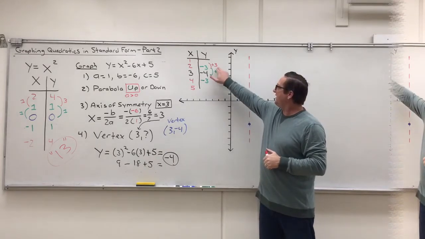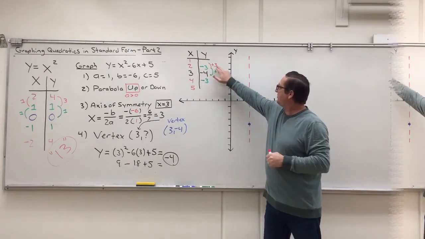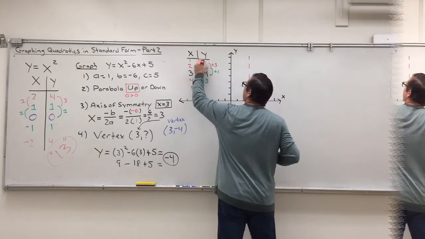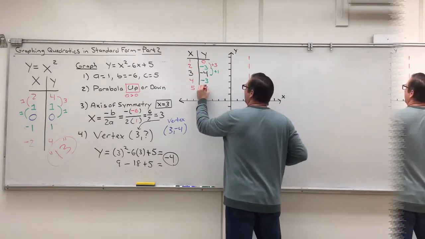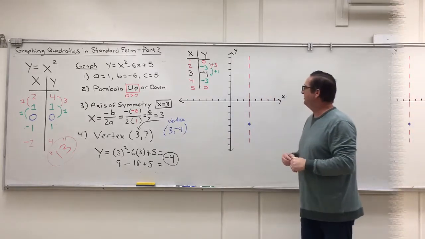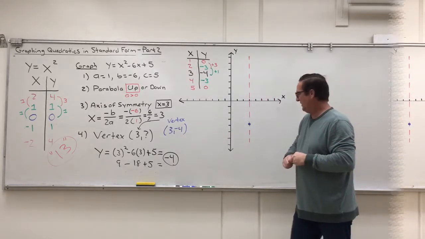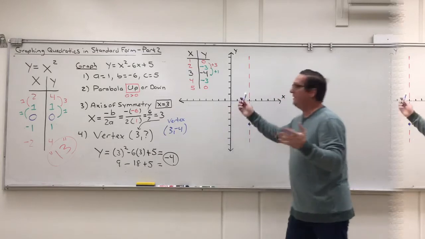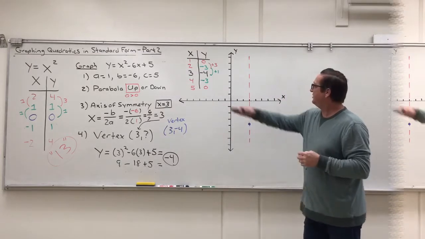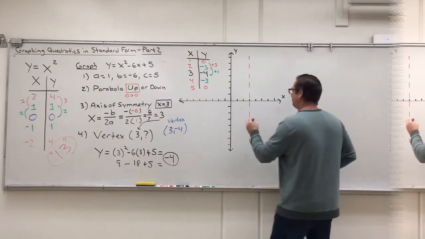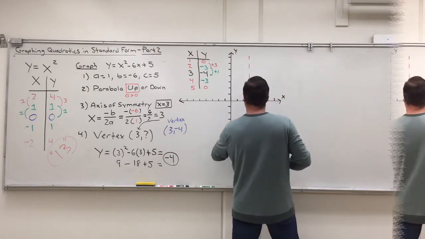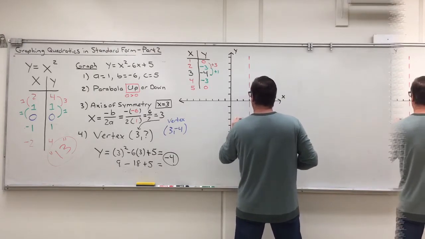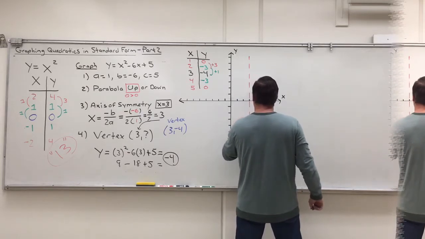Okay, don't say -6. -3 plus 3 is 0, and of course we would have a 0 right there. So let's go ahead and plot our points. So we've finished our table. You can plot your points while I'm doing the same thing.